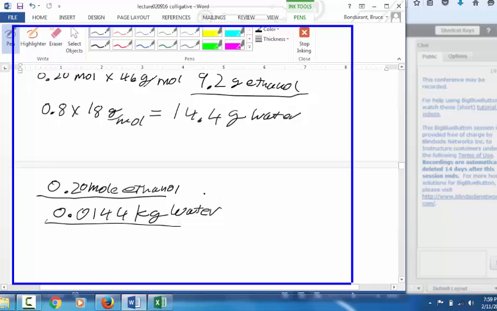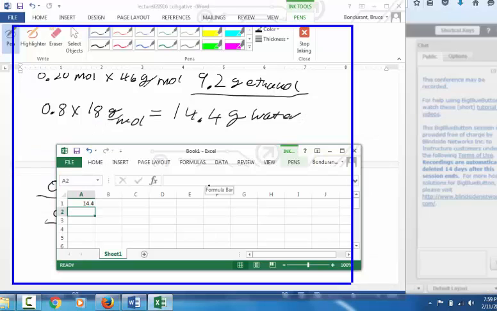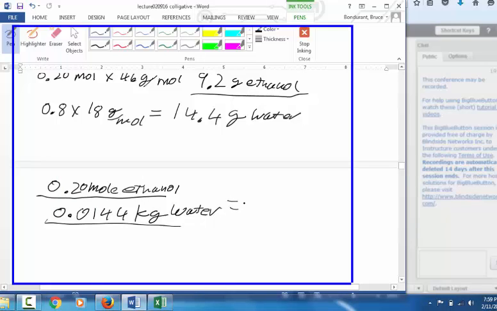So now we can just calculate that out. And that would be 13.9 molal, or essentially to 2 sig figs 14 molal.